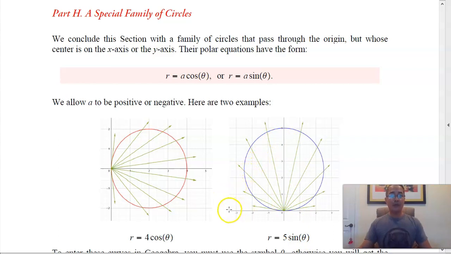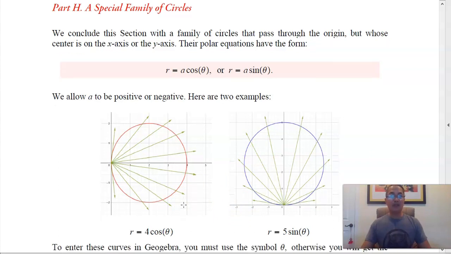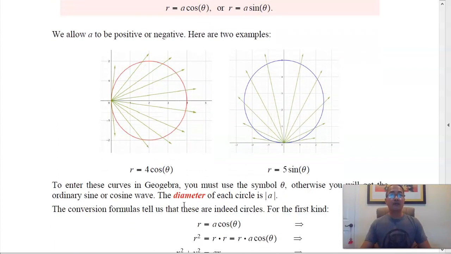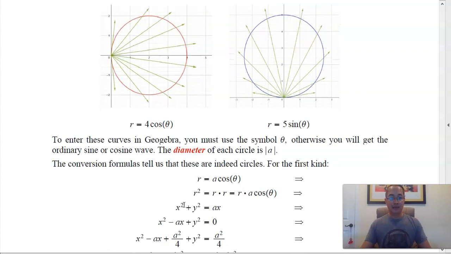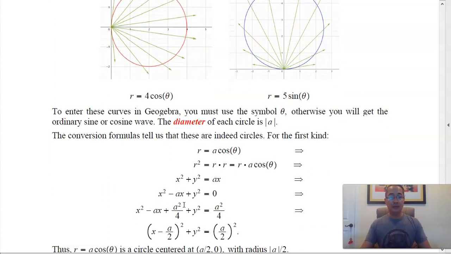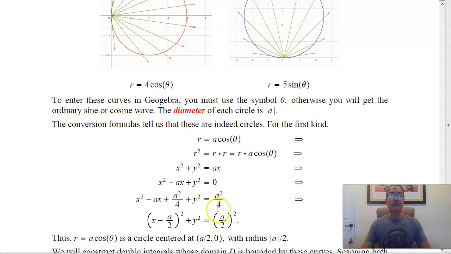Okay, but why should we believe that these are circles? Maybe they're just deformed ellipses of some kind. Of course, the key to that is your conversion formulas. Here we did it for the first family. We have a cosine theta for your r. Remember that x is r cosine theta.